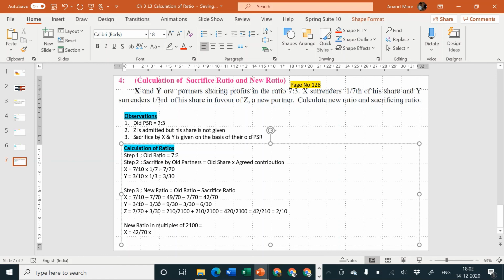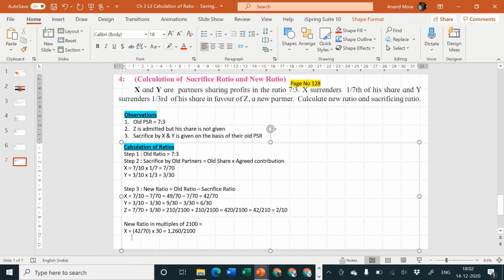That will have to be multiplied by 30 in the numerator and 30 in the denominator, so that I can make it 2100. So 42 into 30 goes to 1260 upon 2100.